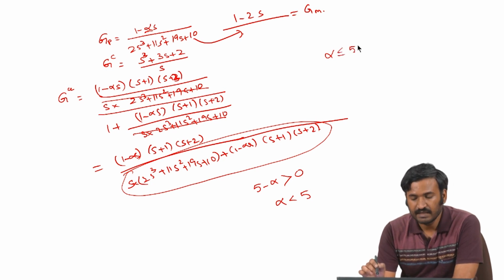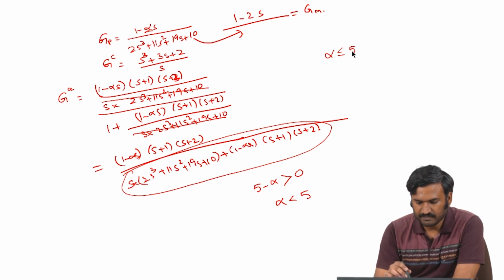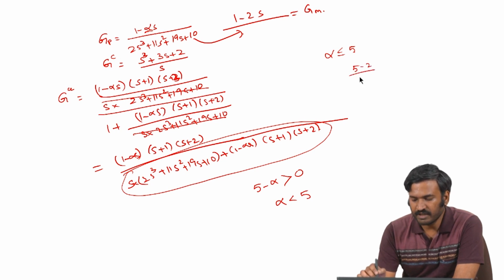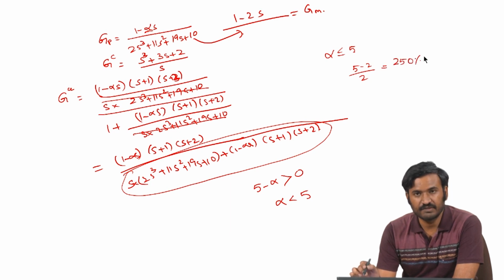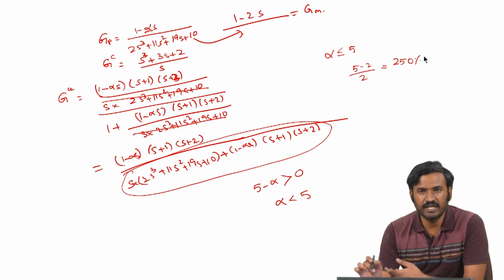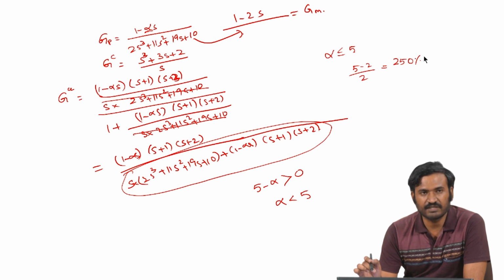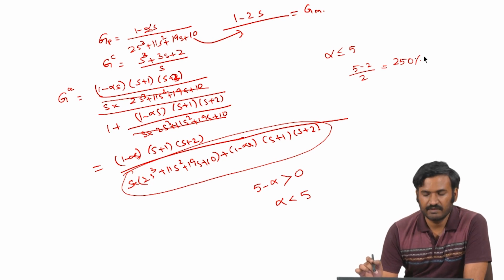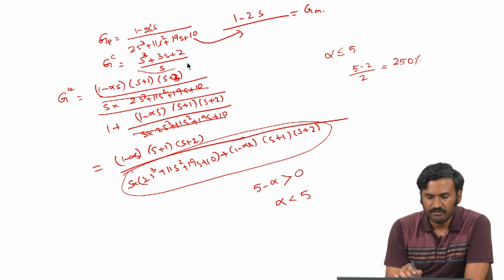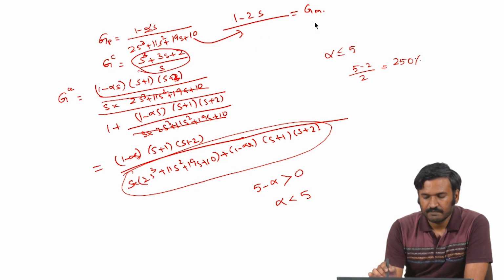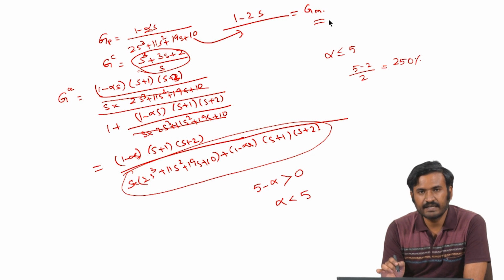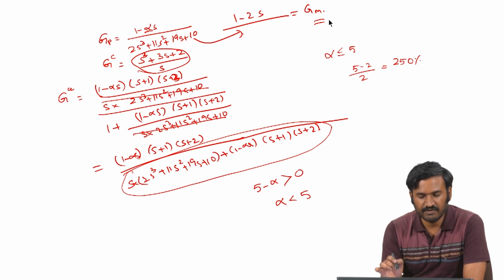So because of that, we can say the tolerance of this controller is like 5 minus 2 divided by 2, which is like 250% of the original value. So even if the model which we have identified is 250% worse than the actual process, the controller which we have found out using this model is still valid and it can be applied for controlling.